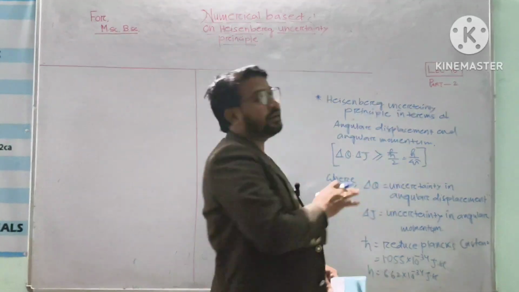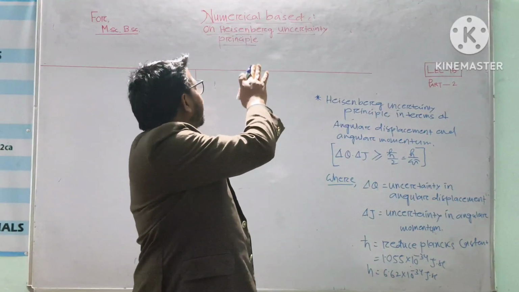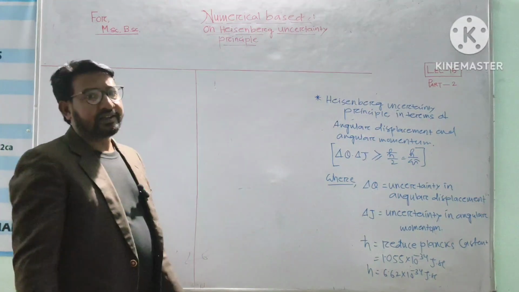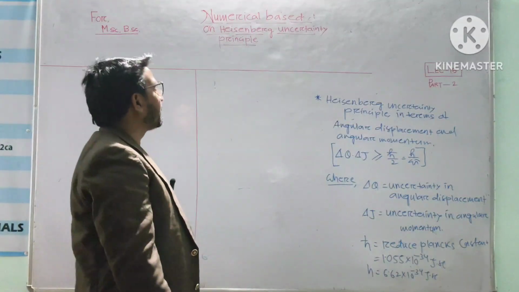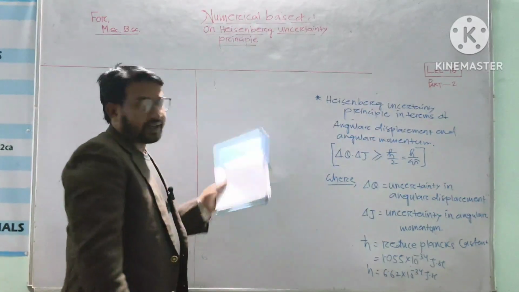These formulas are very, very important to solve these types of numerical problems, that means Heisenberg uncertainty problems. Now we are going to discuss numerical problems.